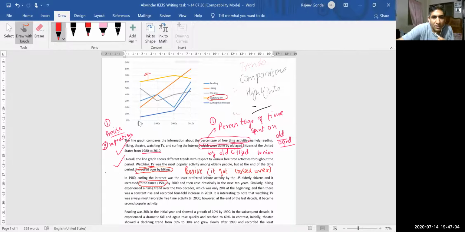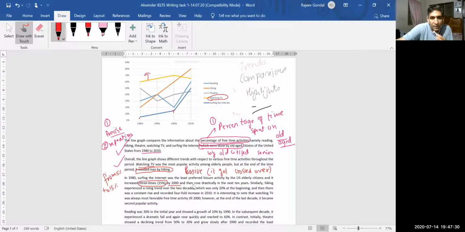It increased threefold, or you can say it increased three times from 5% to 15%. So write it like this: it increased three times from 5% to 15% by 2000.